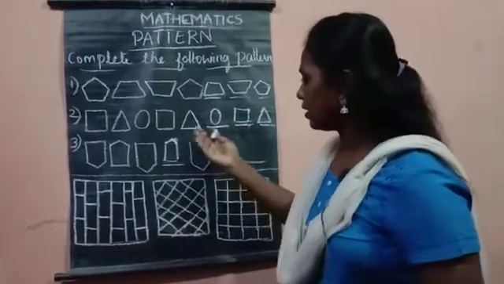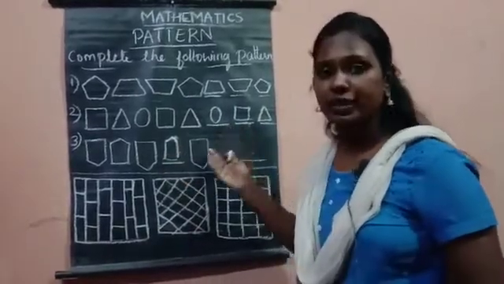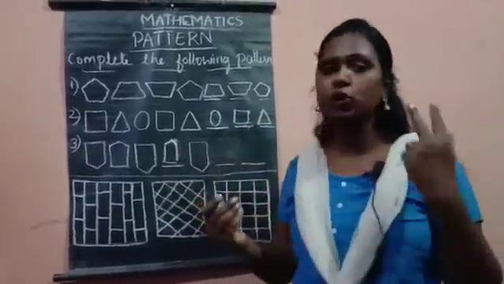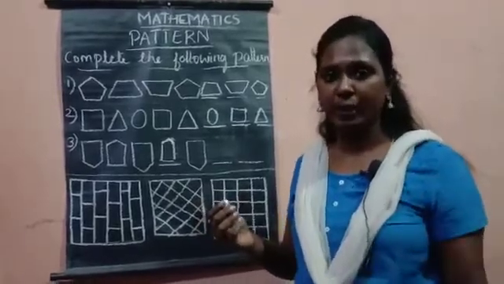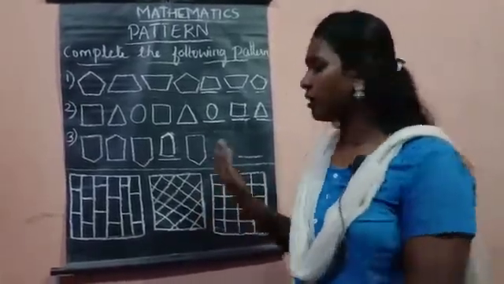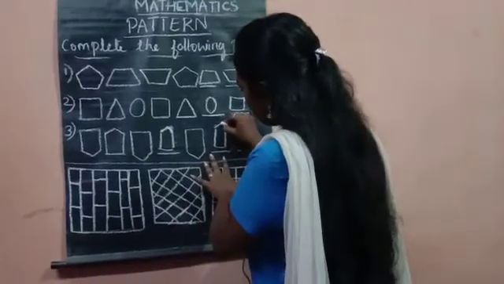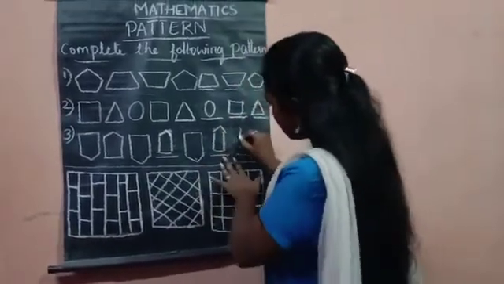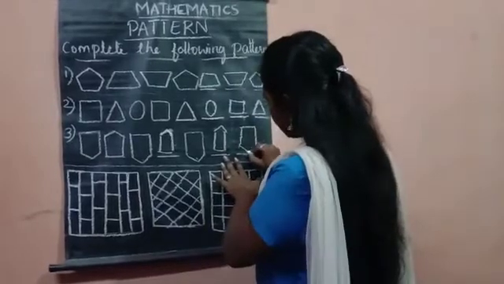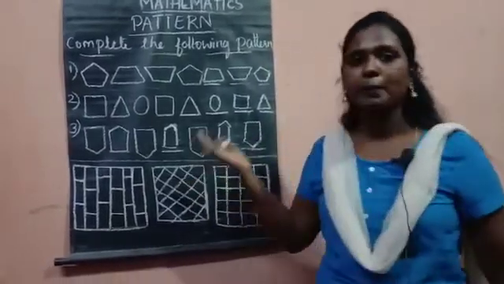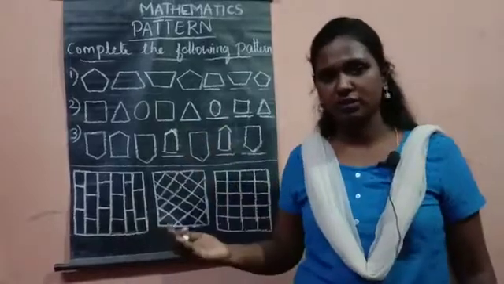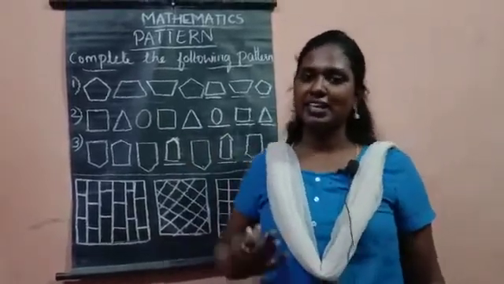Let us write what comes after this shape. Here we have only two patterns of shapes, so alternate shapes are written here. Again write the same shape. Again this reverse shape. This is what the pattern sequence formed. Have you understood, children? Yes.